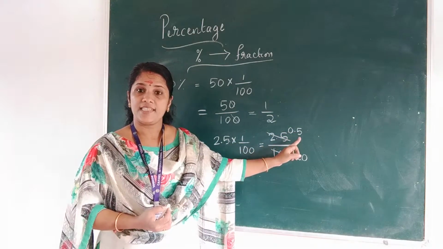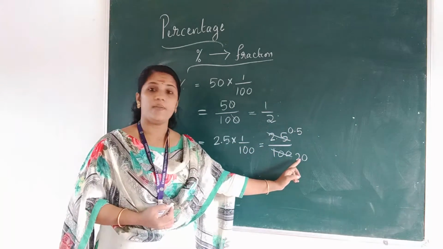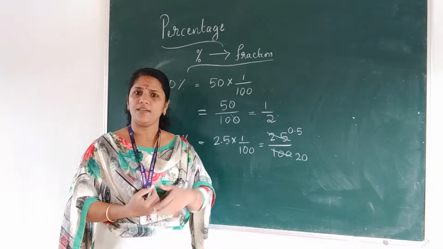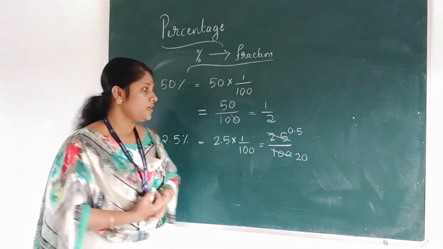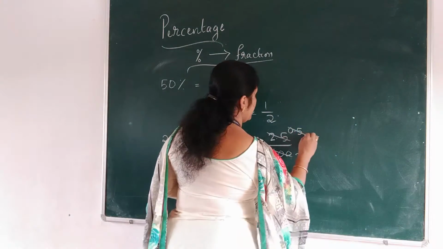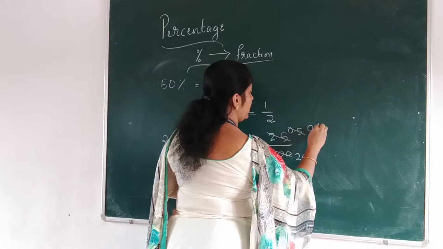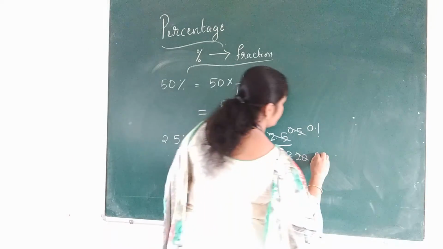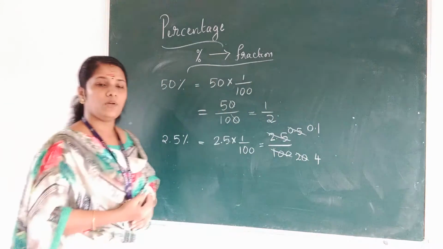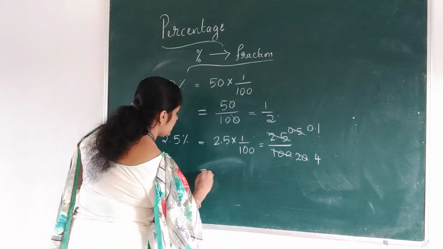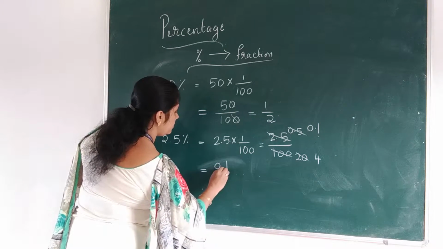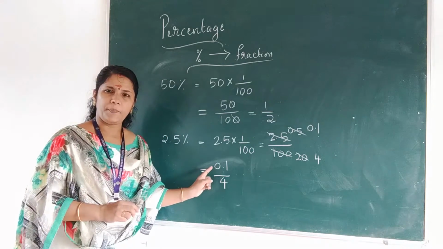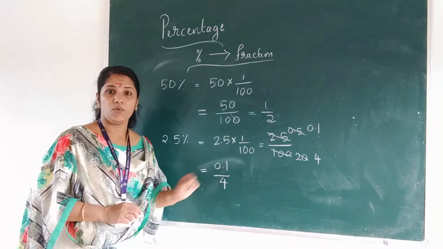Now, the numerator is a decimal number 0.5 and the denominator is 20. Again, you can find the common factor 5 itself, right? 0.5 divided by 5 is 0.1. 20 divided by 5 is 4. So the answer is 0.1 by 4.